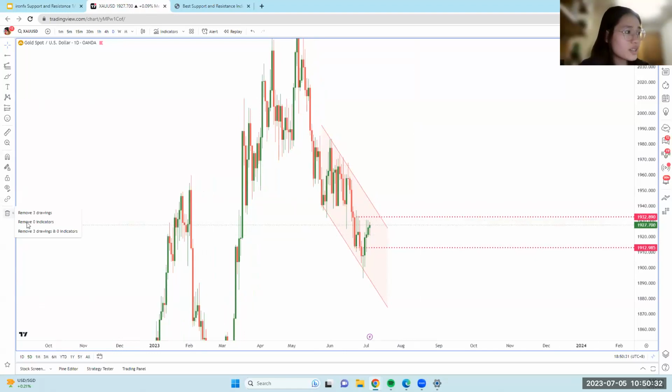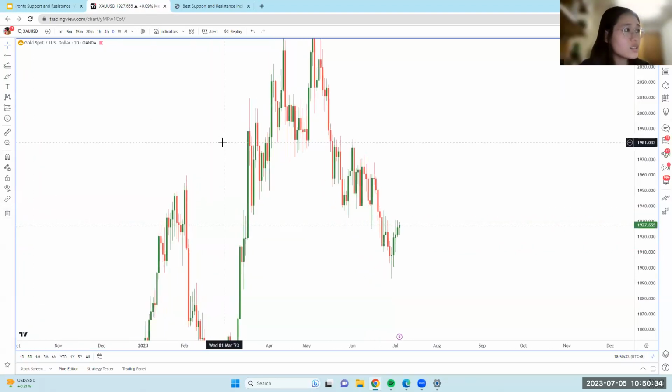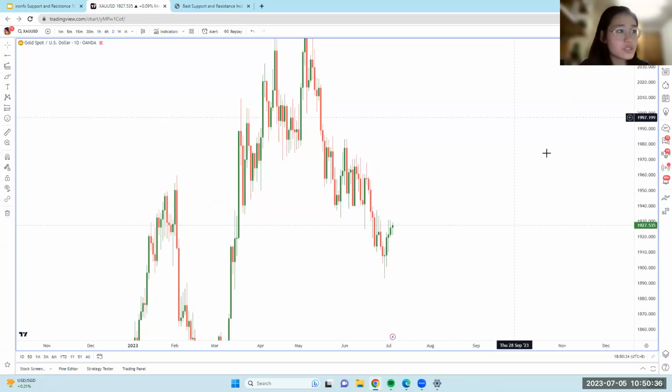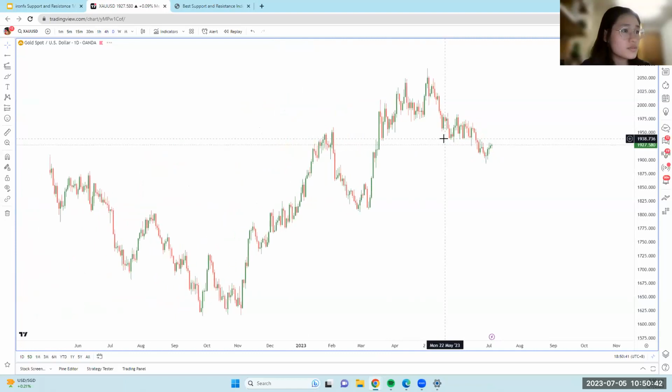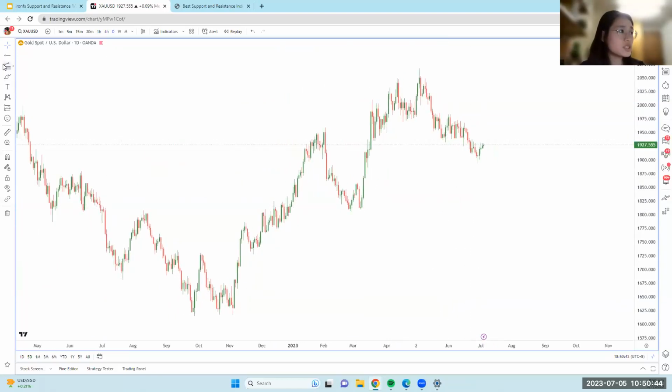I'm going to go ahead and analyze on our daily time frame instead because it's much clearer than our 4-hour chart. Okay, so that's why we mentioned earlier that market structure is important.